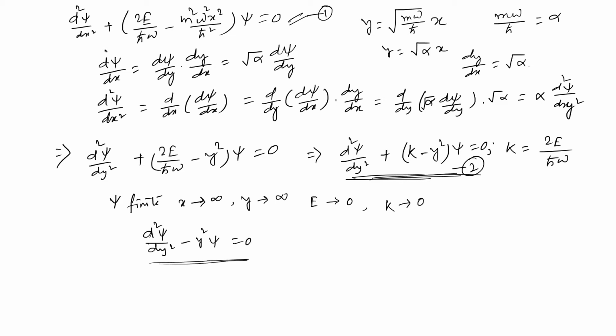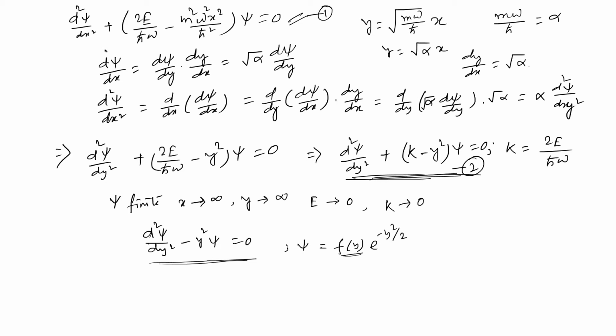this is a trivial differential equation, and its solution can be written as psi equals to f of y e to the power minus y square by 2, because y square psi, and this is a double derivative, this will go to a Gaussian shape function e to the power minus y square by 2, and f of y is some unknown function which depends only on y, and our job is to find f of y.